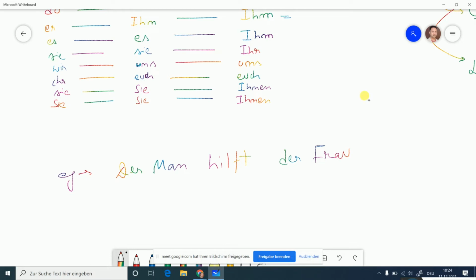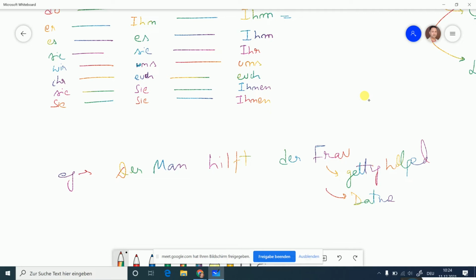We are using der in front of Frau, which should have been die Frau. But now, because Frau is getting helped, she is in dative. That is an indirect object.